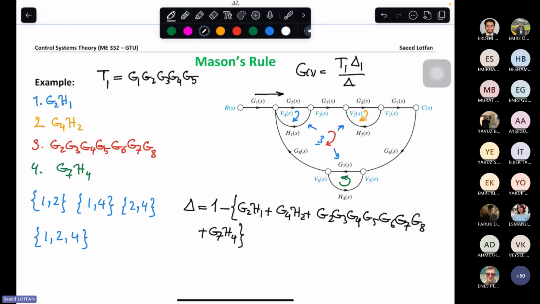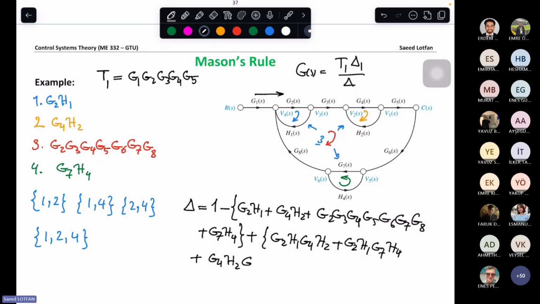Then I have to add subsets of 2. Subsets of 2 means plus 1 and 2. 1 and 2 is G2H1, G4H2. Then 1 and 4 is G2H1, G7H4. Then 2 and 4 is G4H2, G7H4.